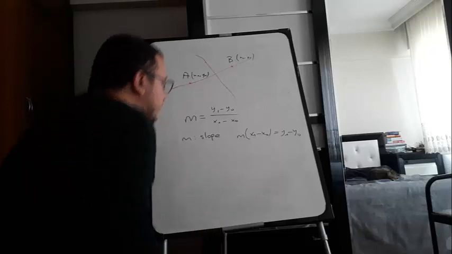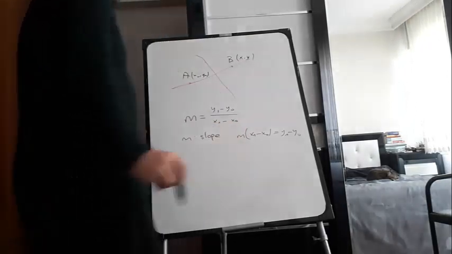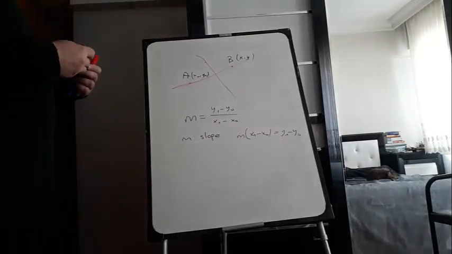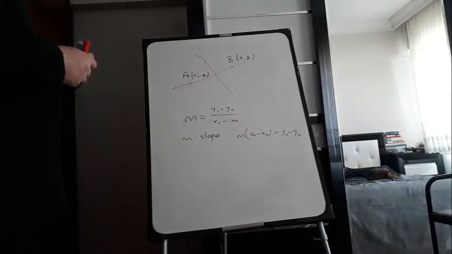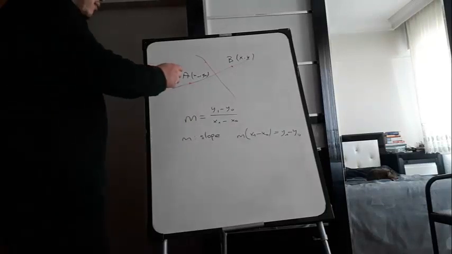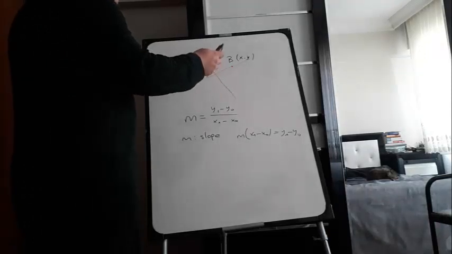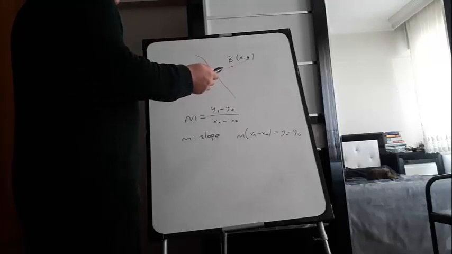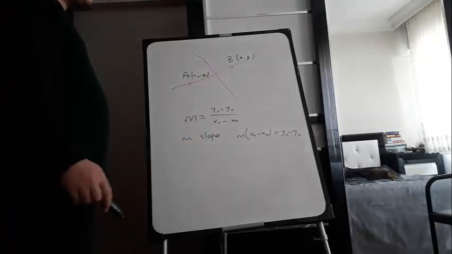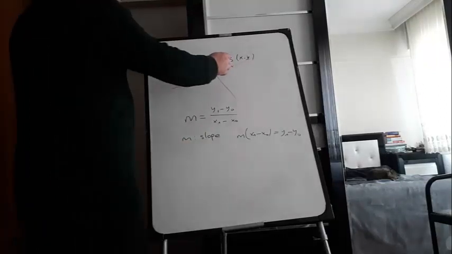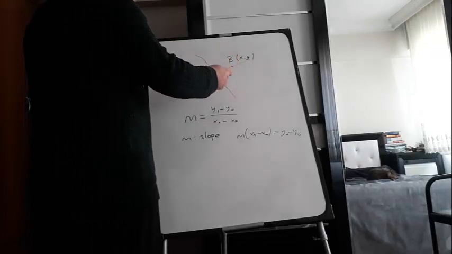For example, we set the point A as x0, y0, then we can choose the point B, which has coordinates x and y. This point B is our selection, it is arbitrary.